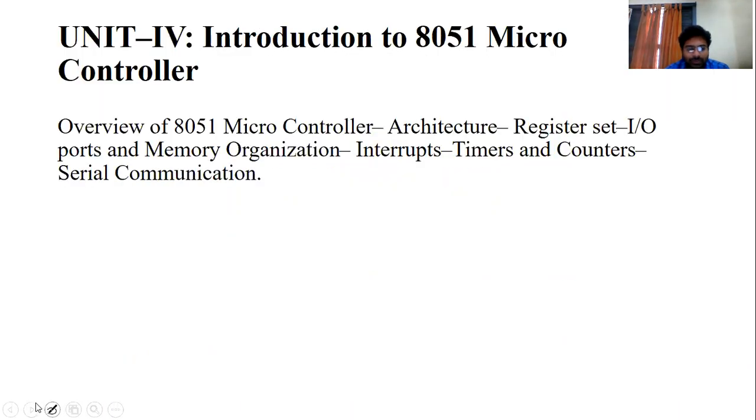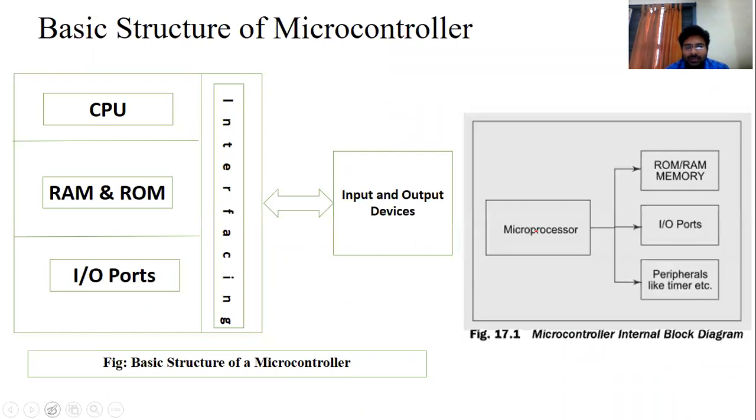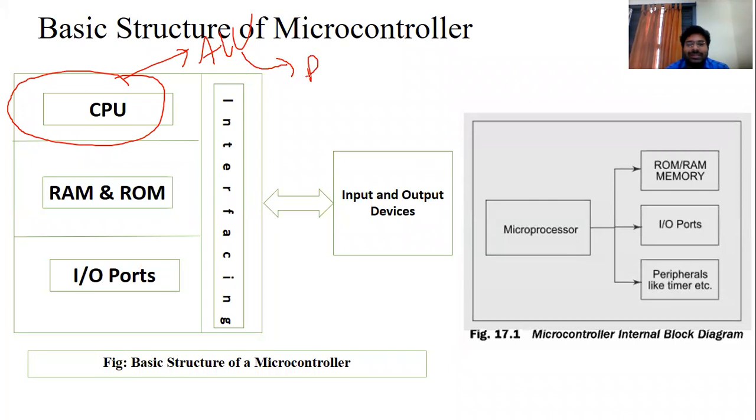Most of the registers are available in the CPU. The CPU is nothing but the ALU, the arithmetic and logical unit, then the register sets, which you can also call a register bank, and then the timing and control unit.